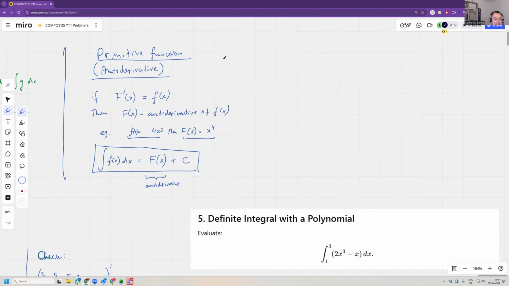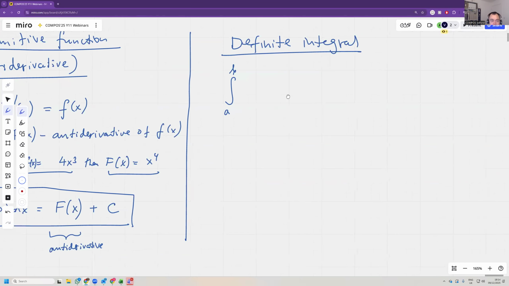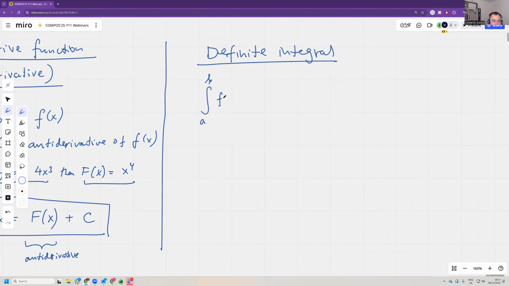If you have a definite integral, then the integral between limits, that means you have limits from a to b of f of x dx, is the primitive function at point b minus the primitive function at a.